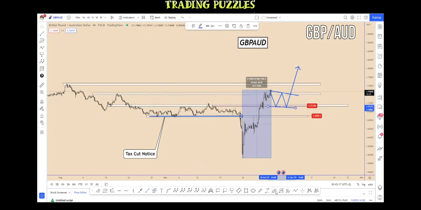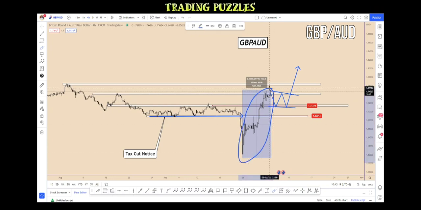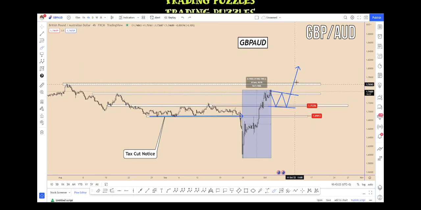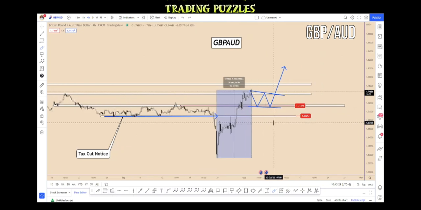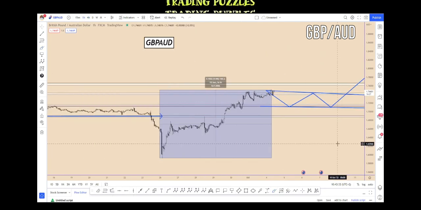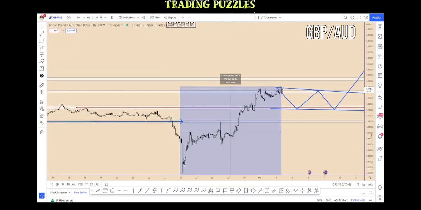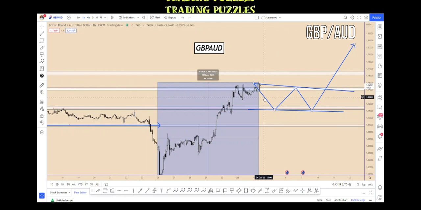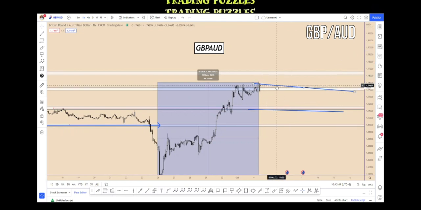After all of this explosive bullish movement, I'm focused only on the bullish wave right now, so I'm not expecting to sell GBP Australian dollar. It is not worth trading on the sell side. It can be very risky in my opinion. However, you can do it.